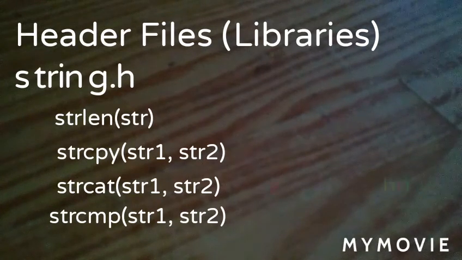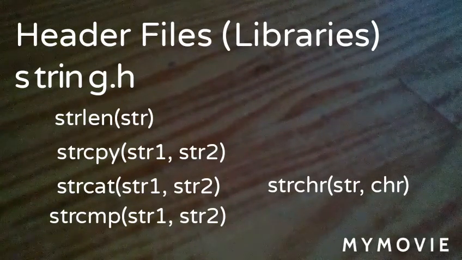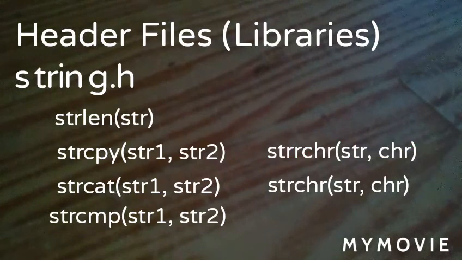Then we have strchr, with str and a character. It finds the first occurrence of the character chr in the string str. It returns the substring of str that begins with the first occurrence of chr. It returns null if chr is not found. Then we have strrchr.